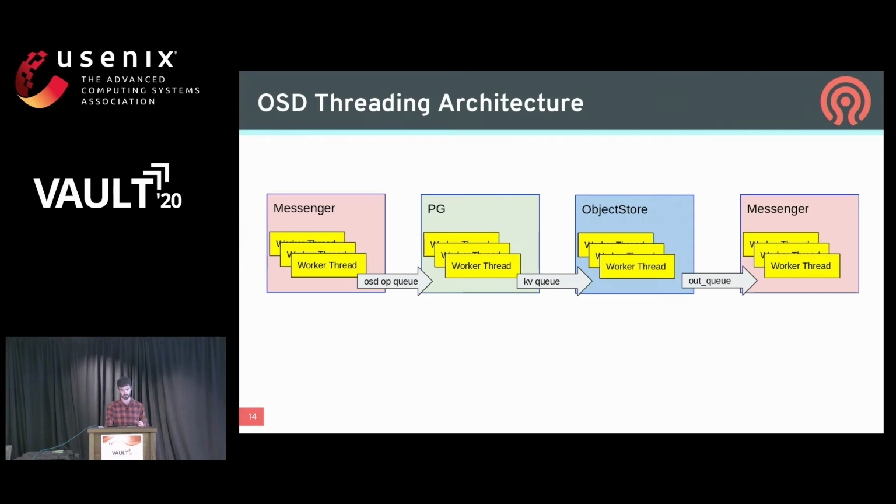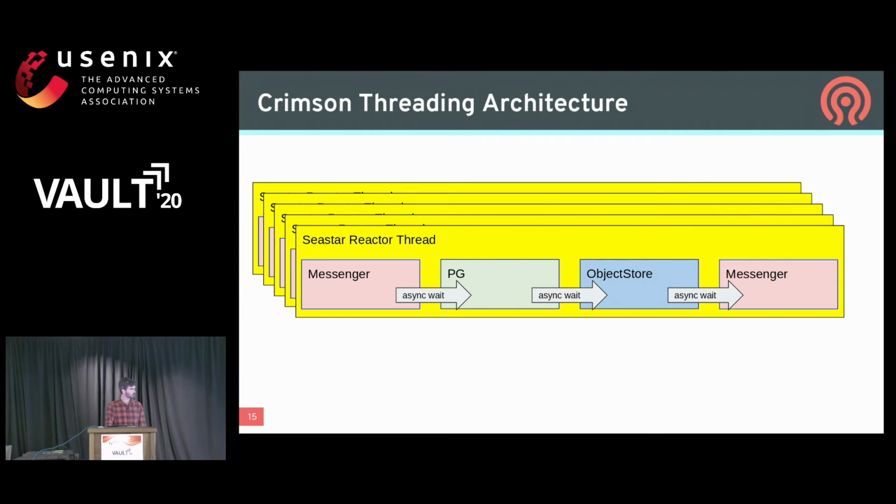The next one is blocking for the PG lock to be available in the PG processing component. Then we block waiting for I/O to complete in BlueStore, and we block again waiting for the response to be sent back to the client. But since Seastar uses async I/O, we're going to group all of these stages into the same thread. And we'll just use Seastar's scheduler to switch among the things that can run.